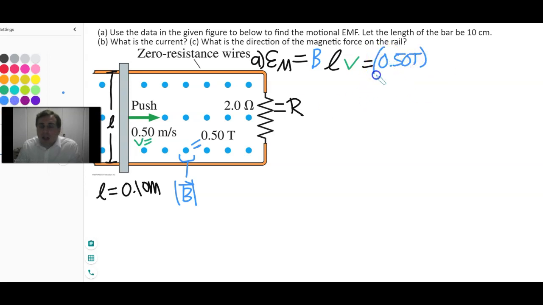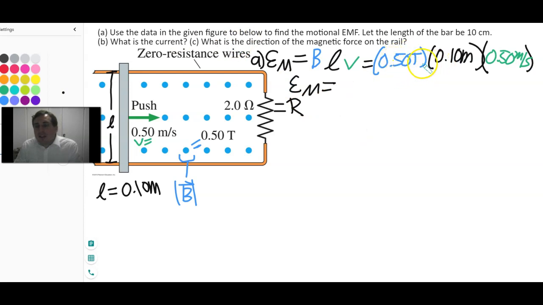We multiply that by the length of the bar, which was 0.1 meters, and then by the speed of the bar, 0.50 meters per second. Half times half is 0.25, times a tenth. So that's 0.025, in units of volts. There is our motional EMF.